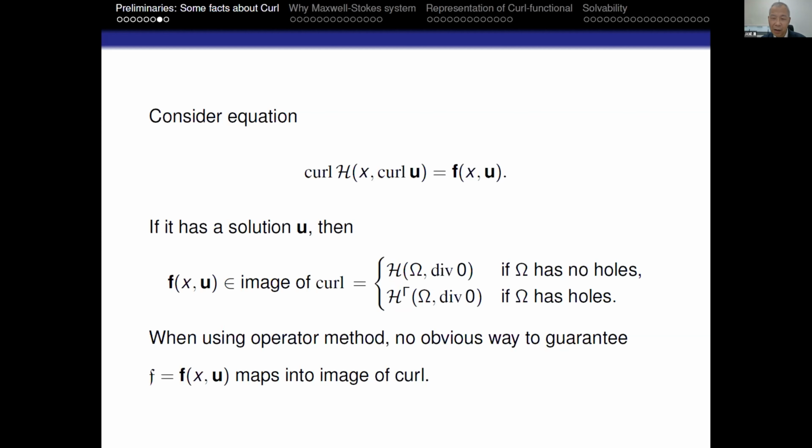But for a nonlinear equation, you try to use the method of operators to solve this equation, and you wish that the right side gives you an operator. But to use the method of operators, you wish that the right side maps the set into the image of Q. However, there is no obvious way to guarantee this point.